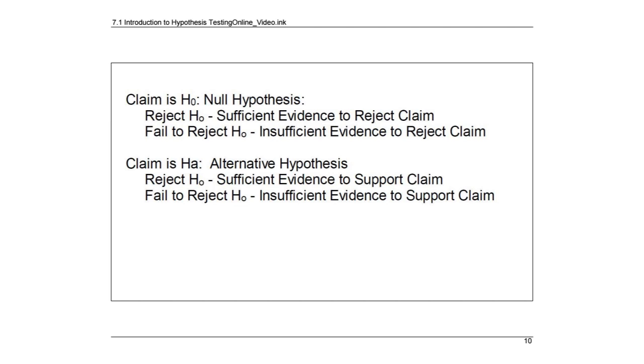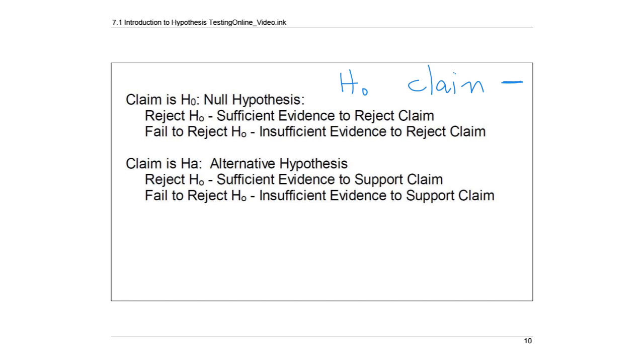The easiest case is if the claim is the null hypothesis. If my null hypothesis is also what the company is claiming, then if we reject the null hypothesis, we're also rejecting the claim, because those two are the same thing.